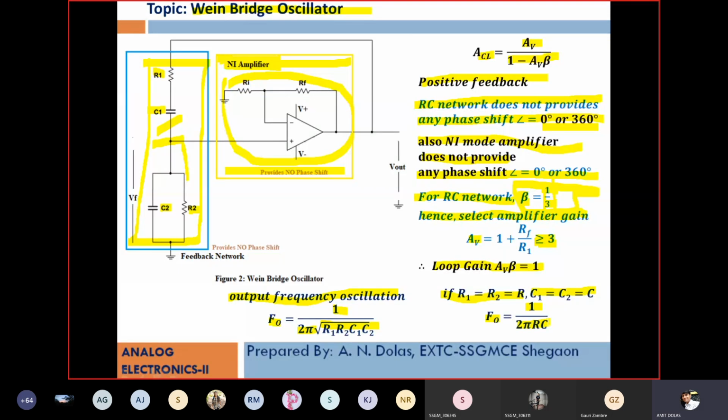In this way, the Wien bridge oscillator and its formulas and theory are covered. I have mentioned everything on the PPT, which will be uploaded on Teams.